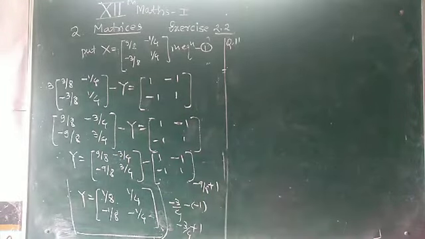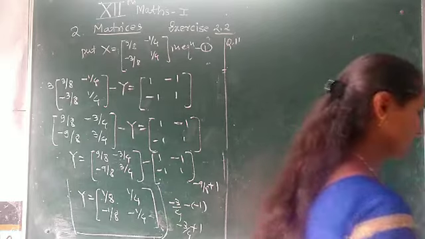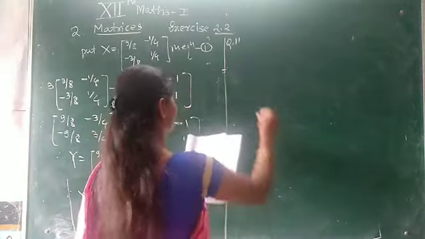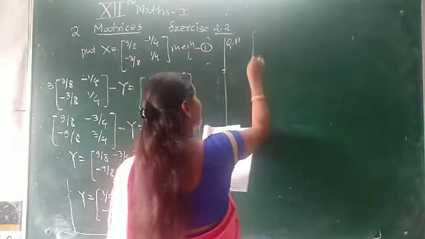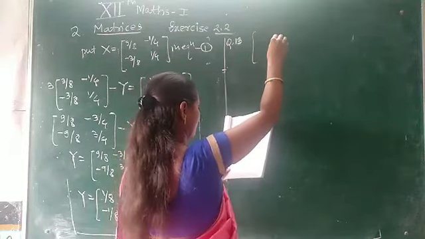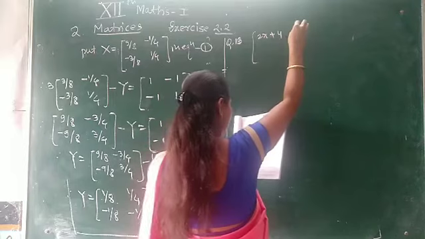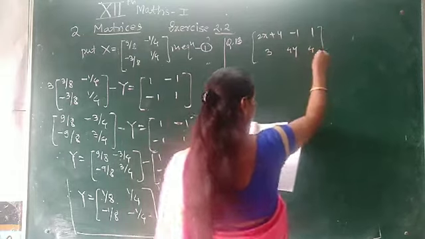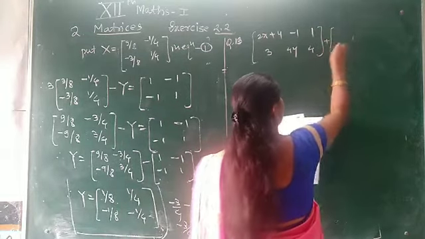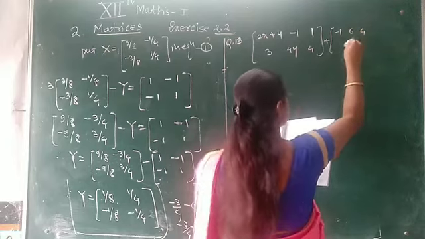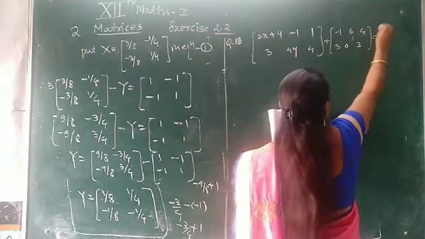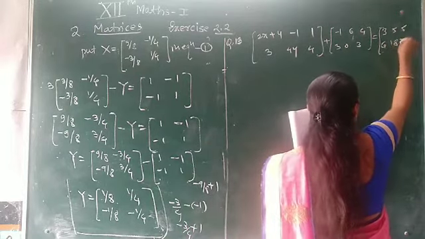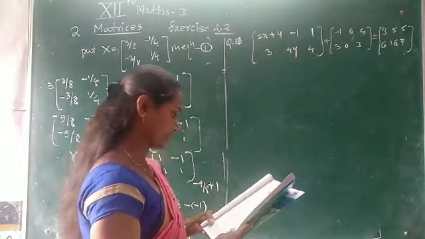Now we take question number 13. Find X and Y if 2x plus y minus 1, minus 1, 3, 4y, 4 plus minus 1, 6, 4, 3, 0, 3 is equal to 3, 5, 5, 6, 18 and 7.